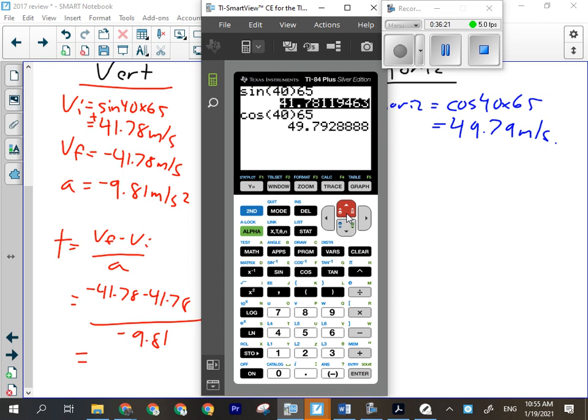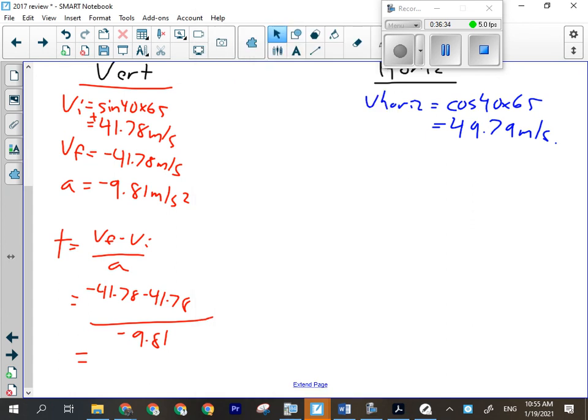I'm going to take that number, multiply it by 2, because that's what negative minus the positive equals, and then divide that by 9.81. Okay, so I've got 8.5 seconds. I'll keep all those decimals for later, 8.51 seconds.